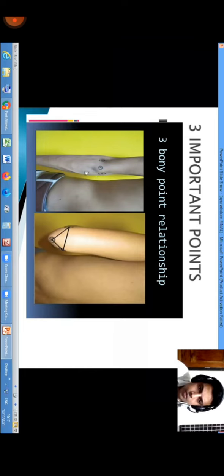In the normal or extended position, these 3 points come across in a line, and in the flexed position, these 3 points form almost a triangle shape. If there is severe injury or displacement to the bony parts of the elbow joint, the triangle will be disrupted, and we can examine the patient by taking an X-ray and rule out any bony dislocation or bone injury.